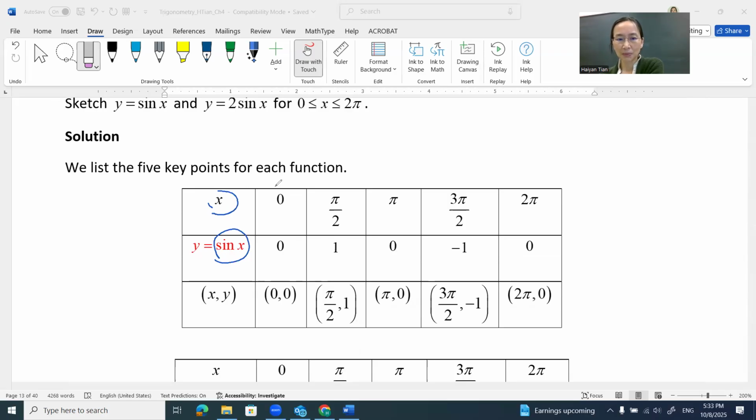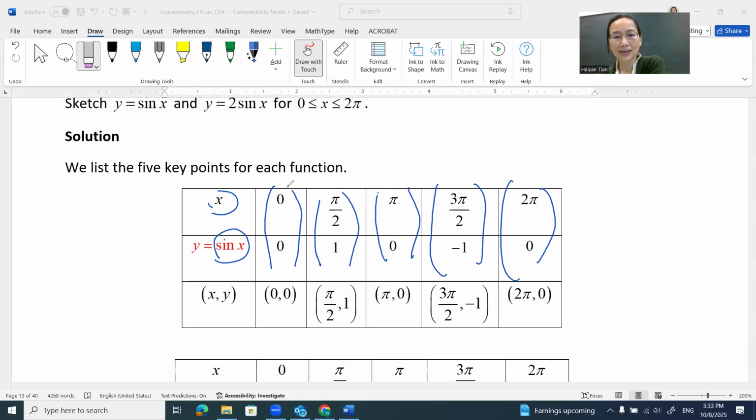So that's a point, x, y. And another x value and y value, the function value. For the basic sine function, we have 5 key points. And then we see that when x are these different 5 values, we get the corresponding y values.